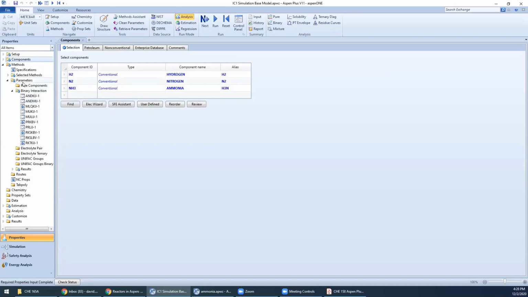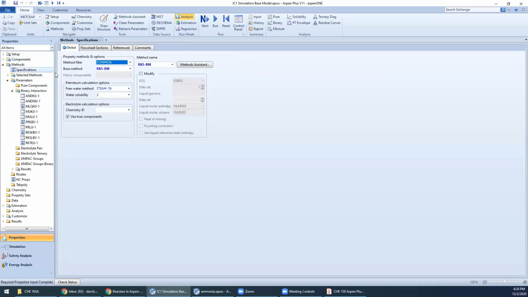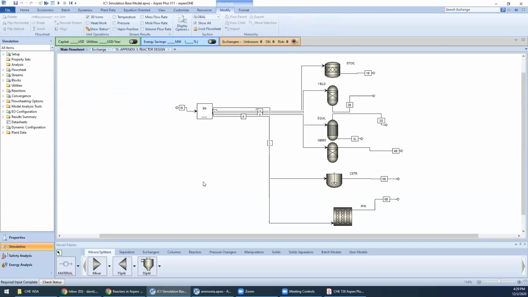The thermo package that I used is SRK, or you can use Peng Robinson as well. Any of those kinds of ones with the little modifications they have, all of those are going to be good for this. But before I go into the simulation, any questions so far?